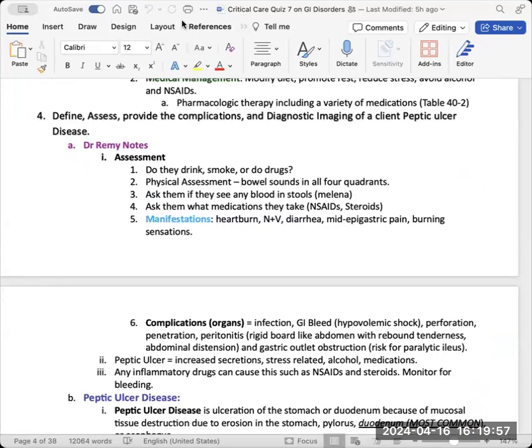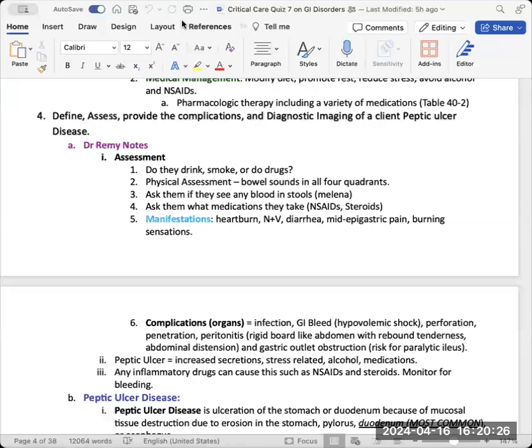Ask them if they take a lot of over-the-counter medications like NSAIDs, or if they have a steroid medication prescribed to them. We should do an abdominal assessment on them, right? Because we know that peptic ulcer disease has quite a few different complications. One being GI bleeding, another being perforation and penetration, another being gastric outlet obstruction, and even peritonitis and infections, right?